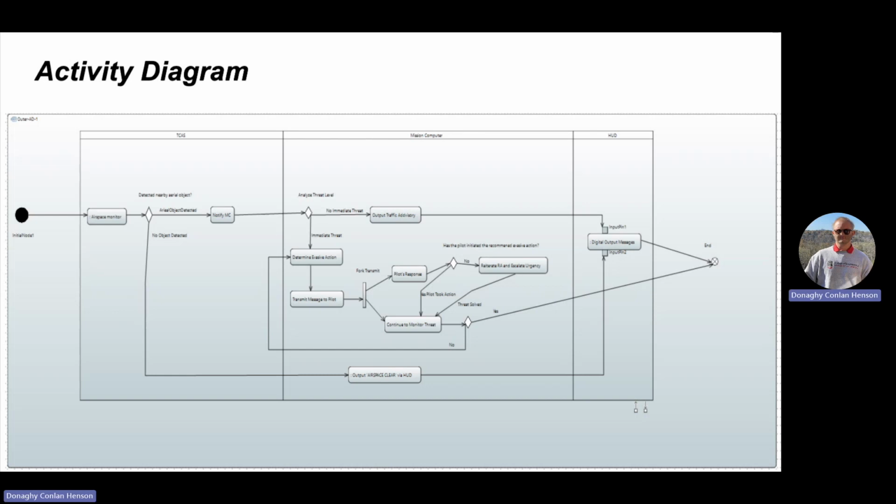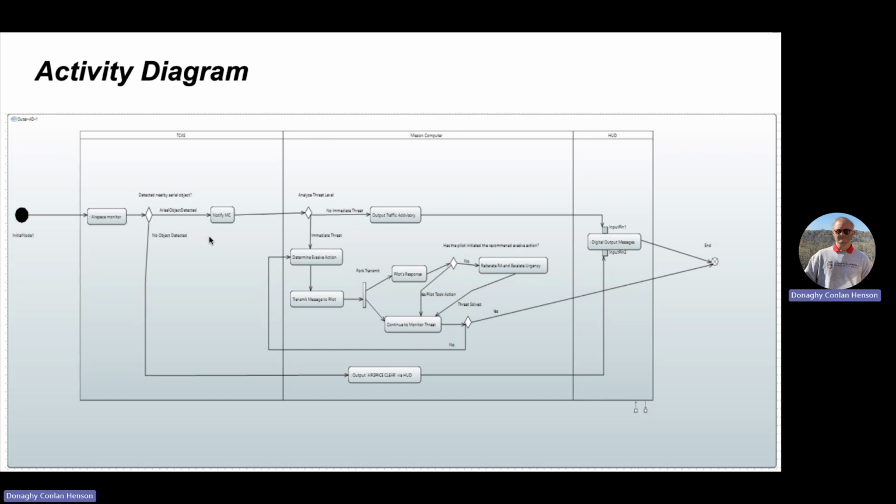That signal will be transmitted to the pilot's response behavioral block, where it is transmitted to the conditional diamond, and the condition of pilot initiated the recommended evasive action will be evaluated. If no, reiterate the resolution advisory and escalate urgency. Then another conditional diamond will be reached where the question is asked, is the threat resolved? If yes, immediately end the program and continue the monitoring process. If not, loop back around to the determine evasive action behavior block.